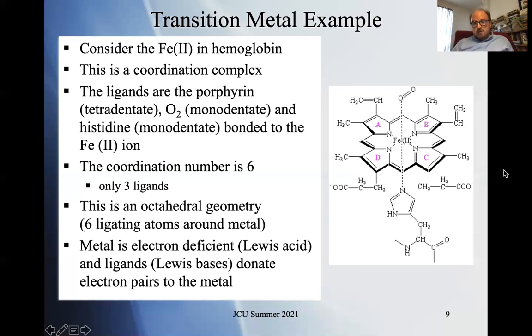There's a question: the complex is just a complex. The way in which this complex forms is a Lewis acid-base type reaction, but the complex itself is not an acid or a base. It's simply a complex ion. In this case, the structure of the iron in the heme of hemoglobin is what allows oxygen to be brought into the body.